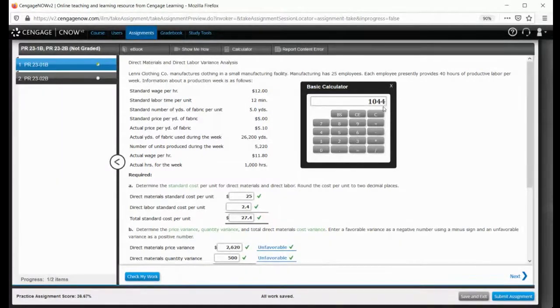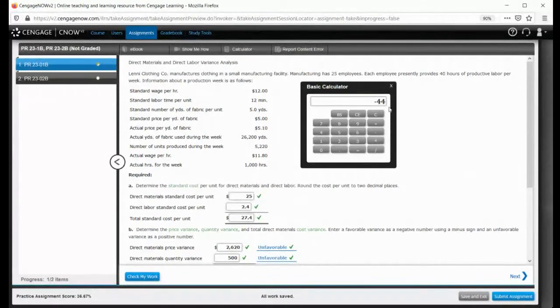We're going to compare the standard hours to the actual hours. Notice the actual hours were less. So again, this labor time variance is going to be favorable. What I'm going to do is put in my calculator 1,000 actual hours. I'm going to subtract from it the standard hours that I just found, which was 1,044.